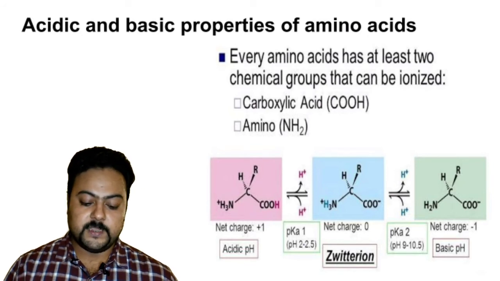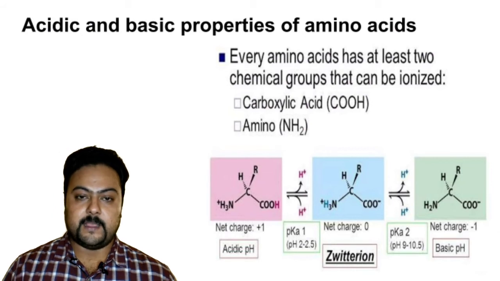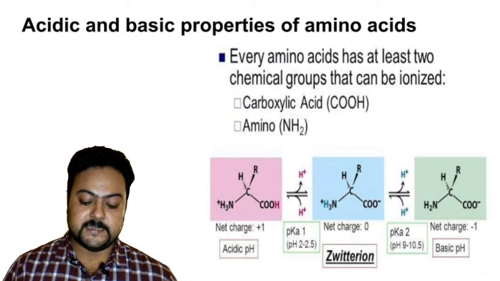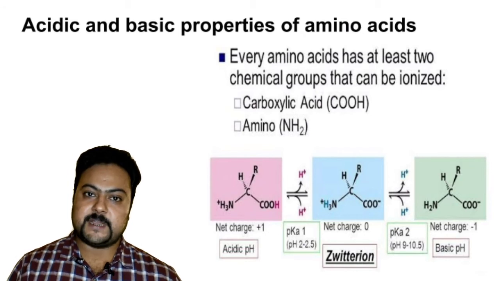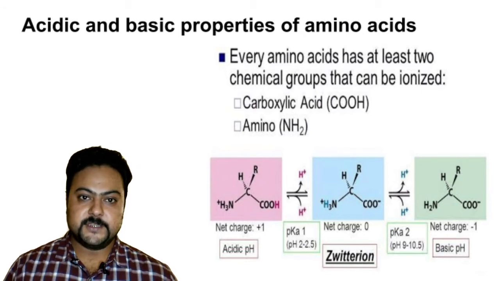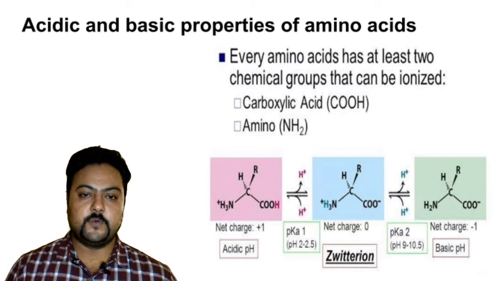Initially the molecule was positively charged at low pH, and then when a hydrogen atom is released at pH around 2 to 2.5, it contains a positively charged and a negatively charged group. So now this molecule is called a Zwitter ion. A Zwitter ion is a molecule which contains a positively charged group and a negatively charged group at the same time. Here the amino group is positively charged and the carboxylic group is negatively charged. So the net charge on the molecule is 0.